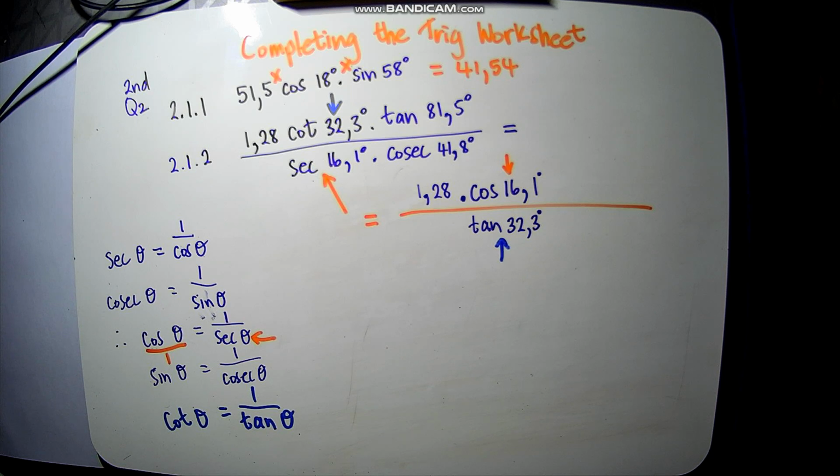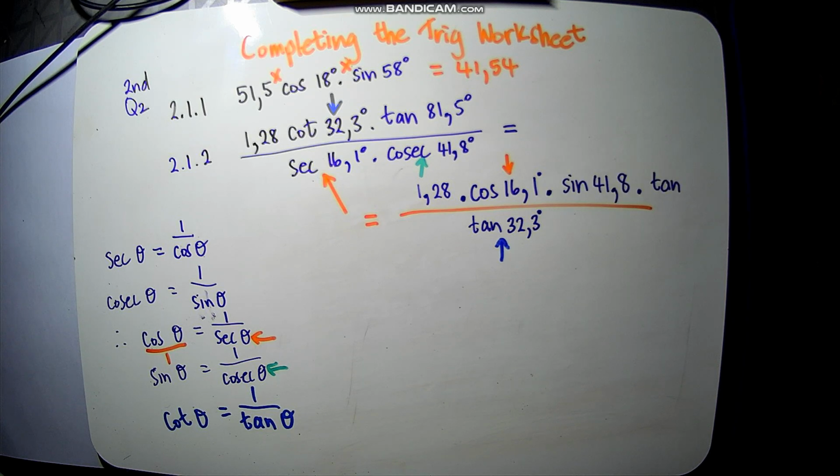Right, so we got that in the denominator. We have cosec also in the denominator. If you look on the left hand side, we can see that cosec in the denominator will become sine theta in the numerator. We are going to move cosec to the numerator. It will become sine.